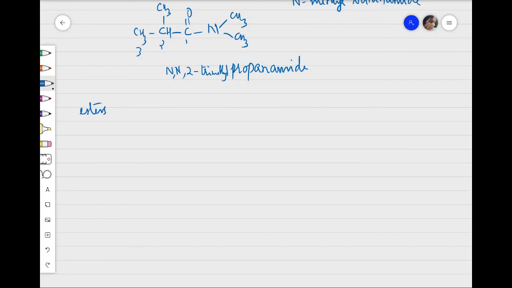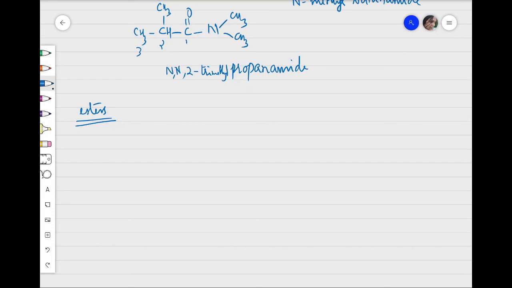Now the last one will be our esters. How do you name esters? In esters, you first see the acid counterpart, and if it is oic, for example ethanoic will become ethanoate.